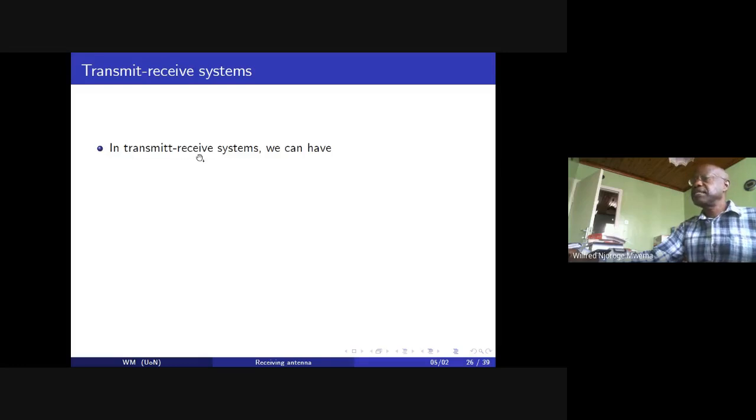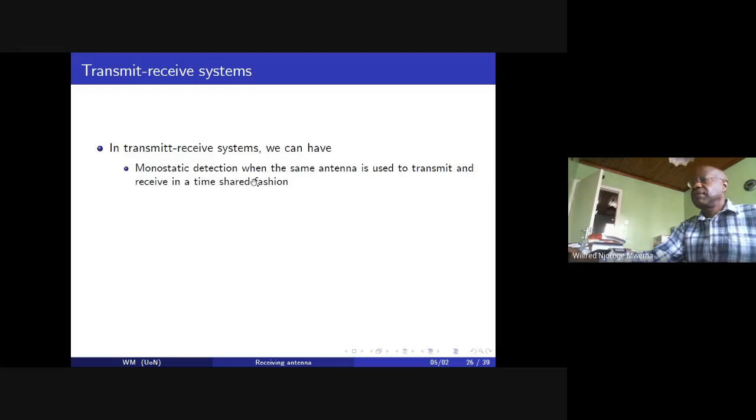So in transmit-receive systems, we can have what we call monostatic detection, where the same antenna is used to transmit and to receive the echo in a time-shared fashion. That is, we'll switch the antenna operating mode to transmit in a given time value.